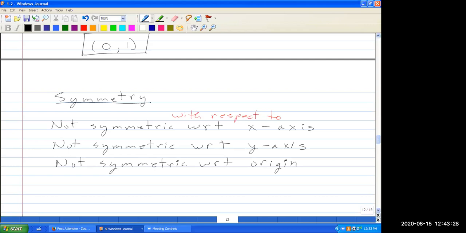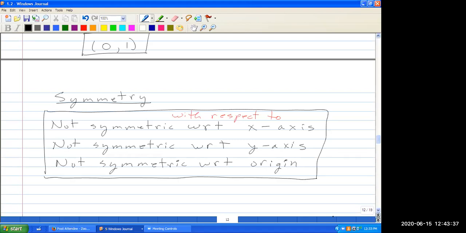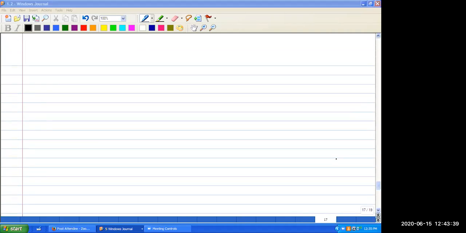So it's none of the above. None of the symmetries that we have discussed. Actually, they don't have any symmetries. Okay.